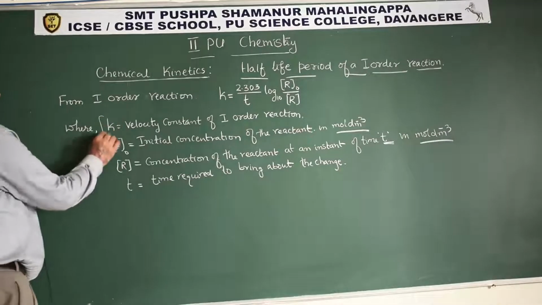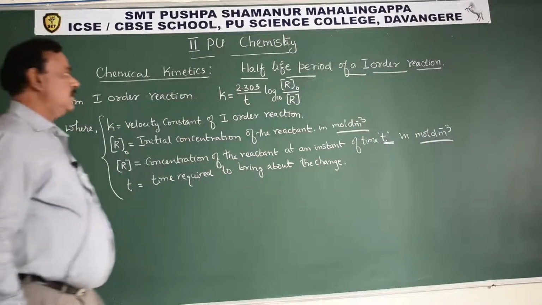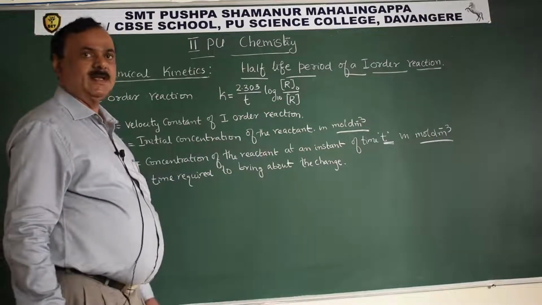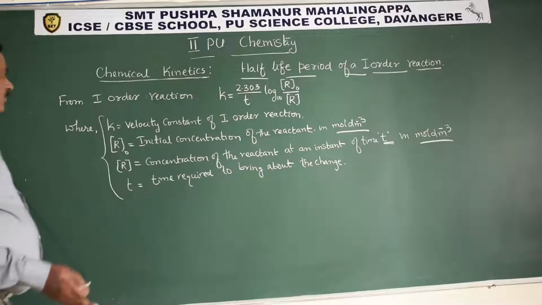This is the explanation of the variable factors in the representation of K, the velocity constant of the first order reaction.